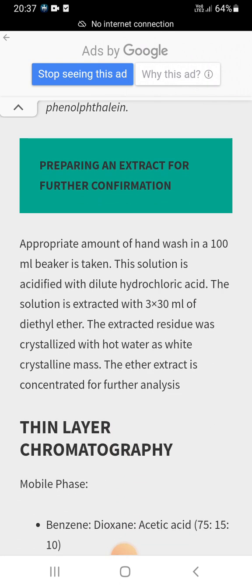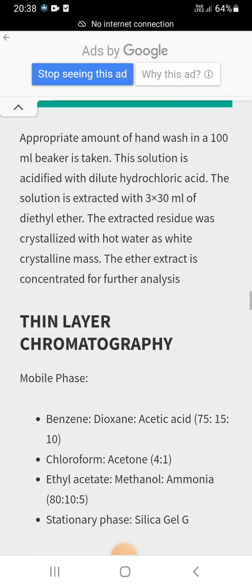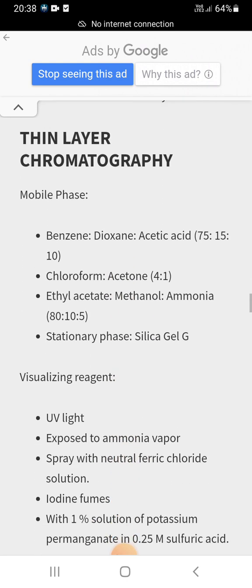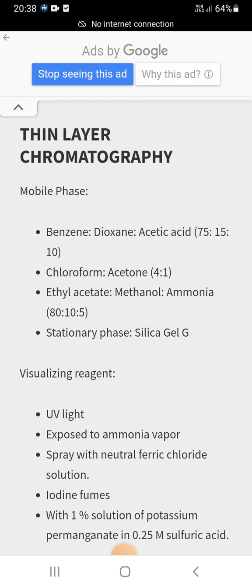Preparing an extract for further confirmation. We can take the hand wash in a beaker, acidify it with hydrochloric acid, and extract the solution in diethyl ether. Then the extracted solution can be used in TLC, thin layer chromatography.